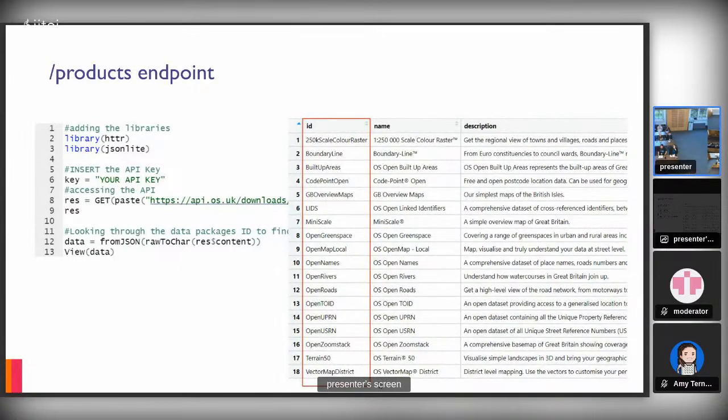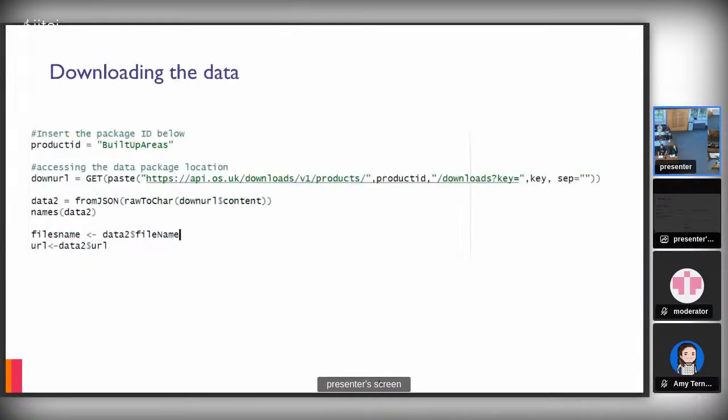So as highlighted, those are the IDs, and there is the built-up areas. So to call the built-up areas, I need to know BuiltUpAreas, capitalized letters on the first of each of the words, all one word. From there, I can essentially build my URL to link to that product download.